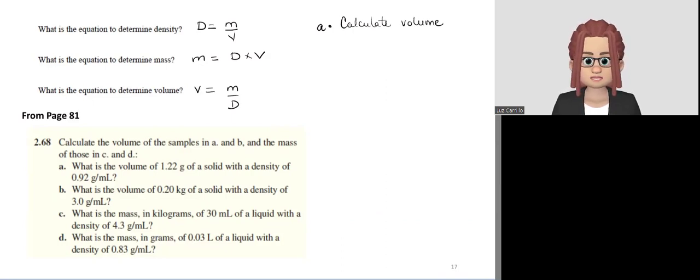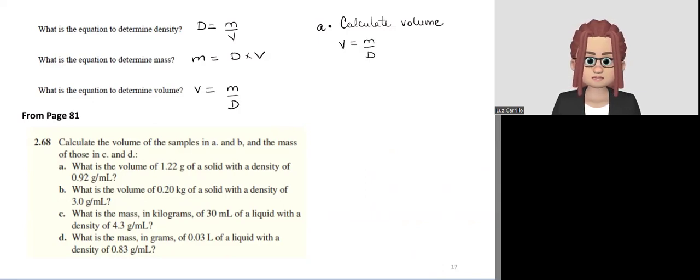When we are calculating volume, I can see that we are going to be given some information. Let's read the problem. What is the volume of 1.22 grams of a solid with a density of 0.92 grams per milliliter? So I'm going to write down the equation that is needed. Since I'm calculating volume, I'm going to write my volume equation.